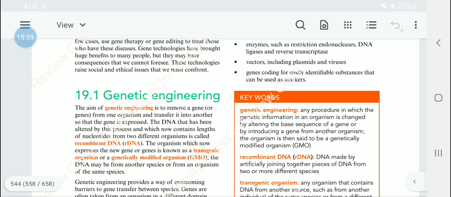This transfer of genes can take place between organisms of the same species or organisms from even two different kingdoms.